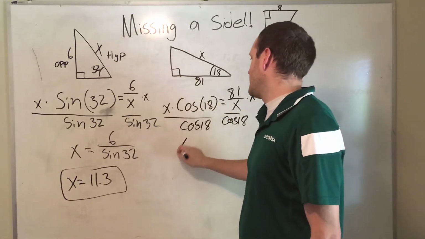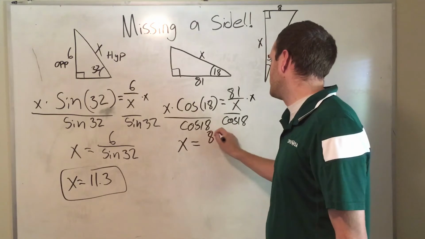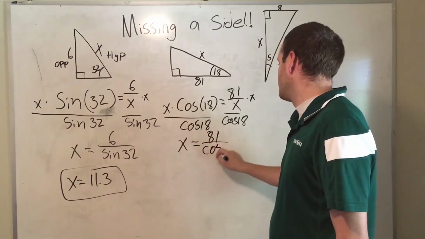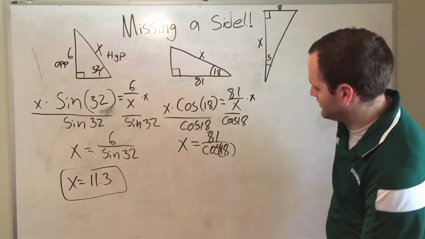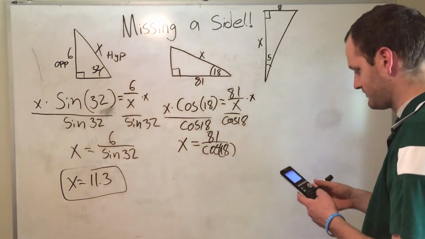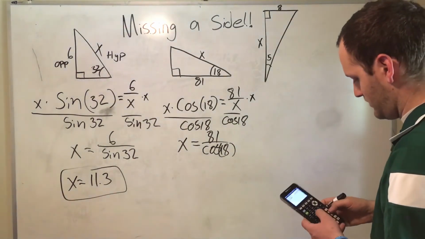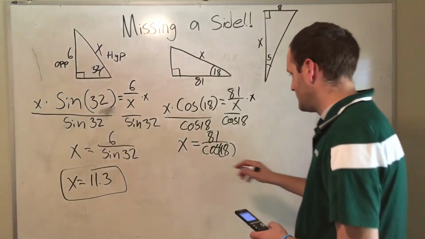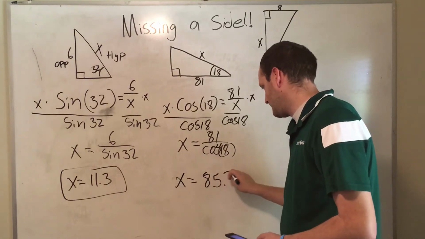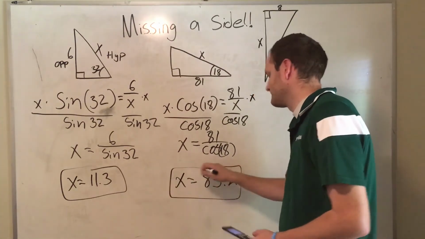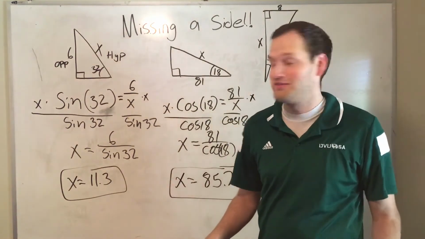That'll give me x equals 81 over cosine 18, okay? Plug that into my calculator: 81 divided by cosine 18, and I get x is 85.2. And I'm done. That's all I have to do.